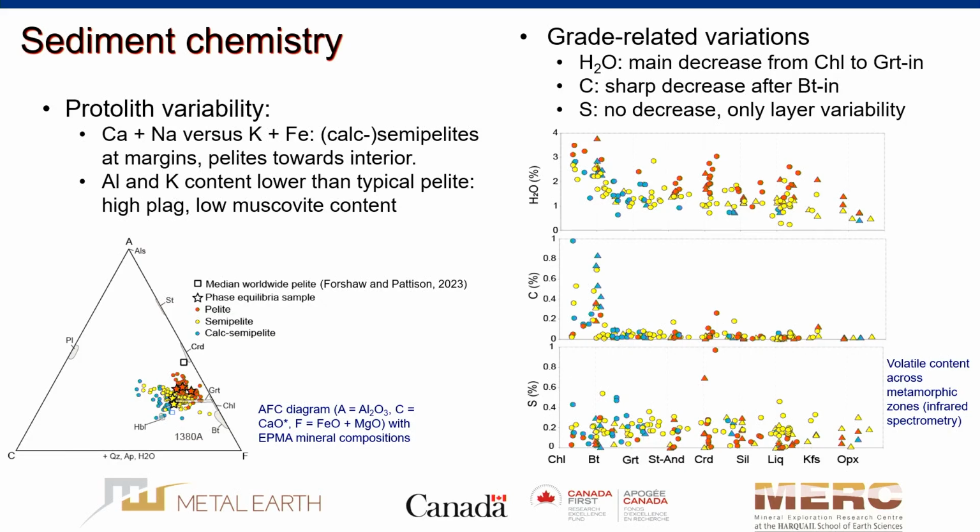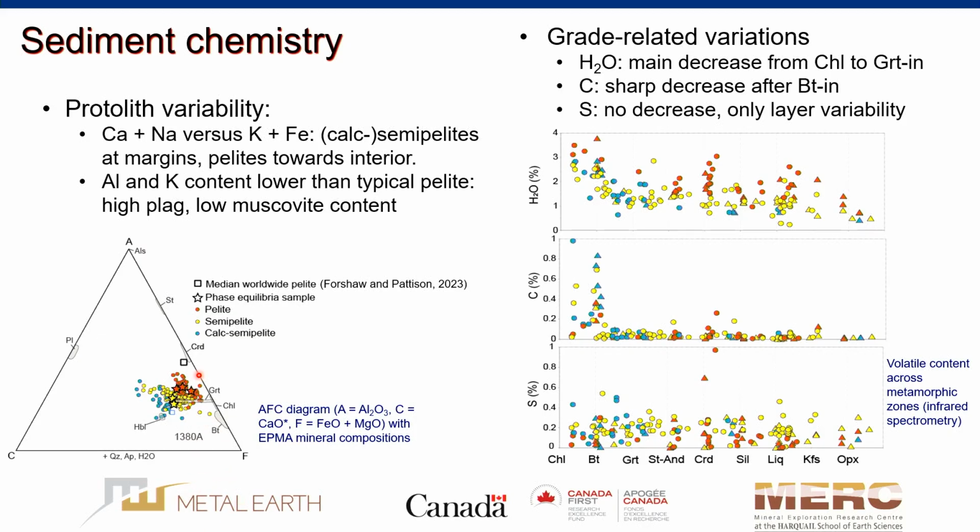So this is the sediment chemistry I was talking about. It's really key in metamorphic petrology to understand the compositional variability, because if you want to make inferences about the whole basin, you need to know what very subtle changes in chemistry can have on your PT predictions and on your phase relations. So the protolith variability here, you can see that there's actually a lot of calc-semipelites and semipelites, probably 70 to 80% of the sediments would be characterized as that.